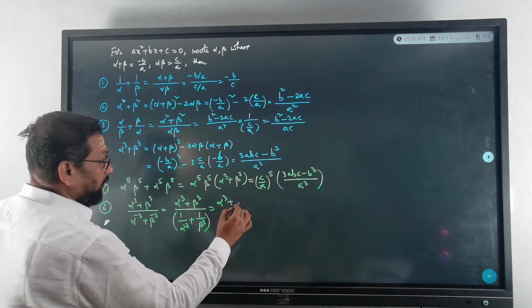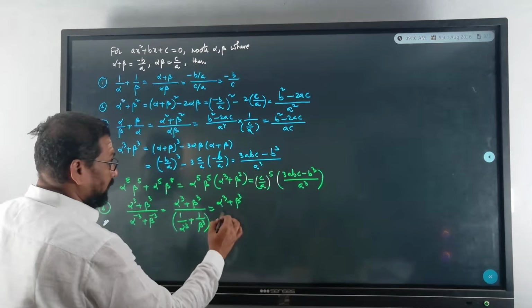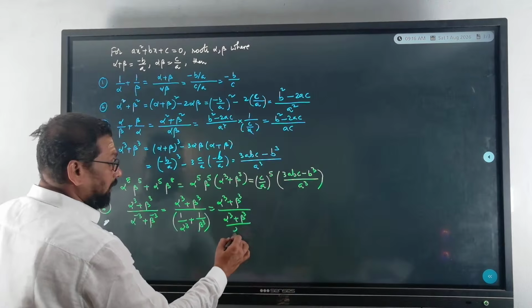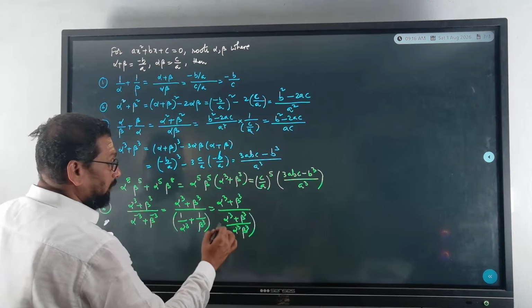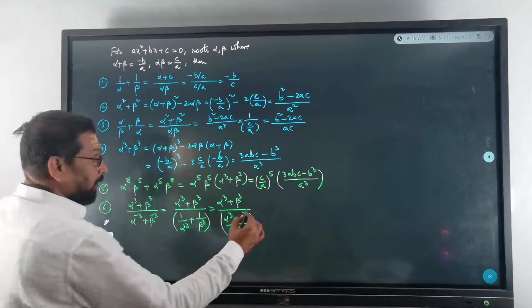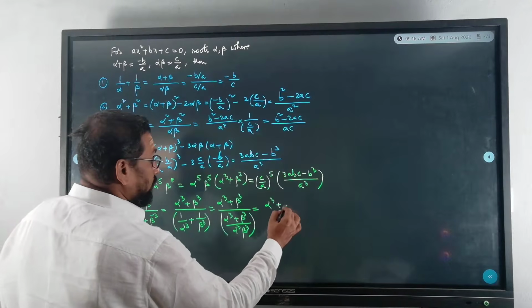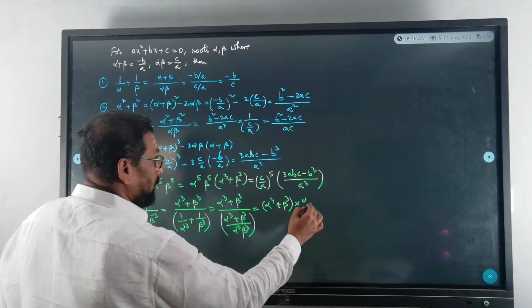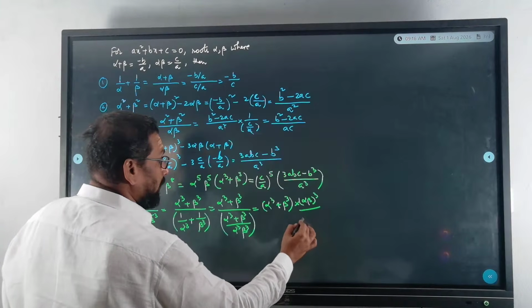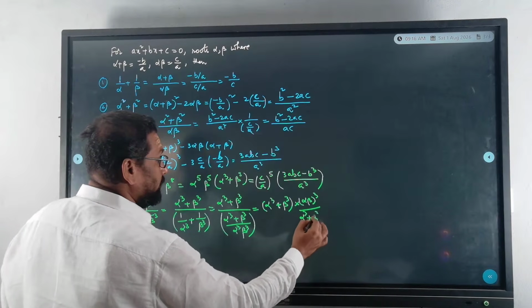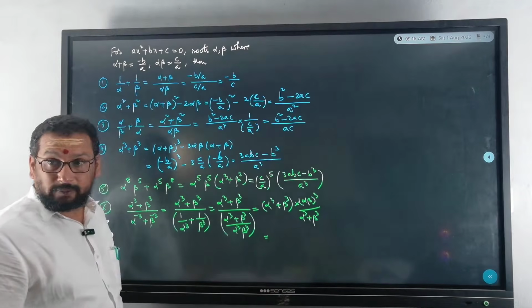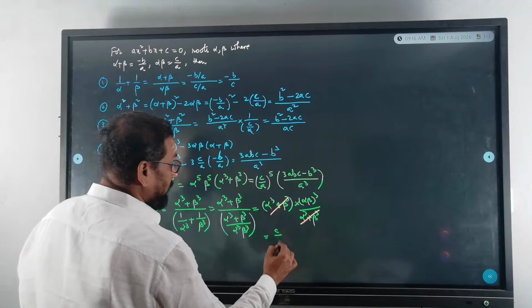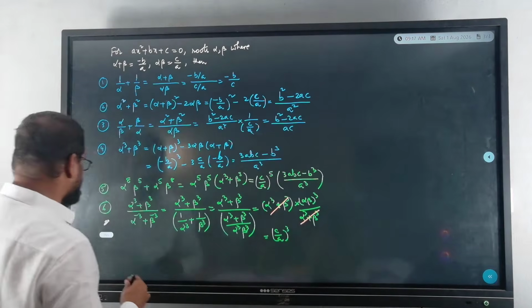So alpha cube plus beta cube by alpha cube beta cube is the LCM. So alpha cube plus beta cube into alpha beta whole cube by alpha cube plus beta cube. These two get cancelled, and it becomes c by a whole cube.